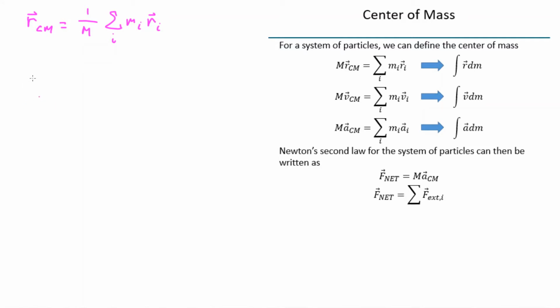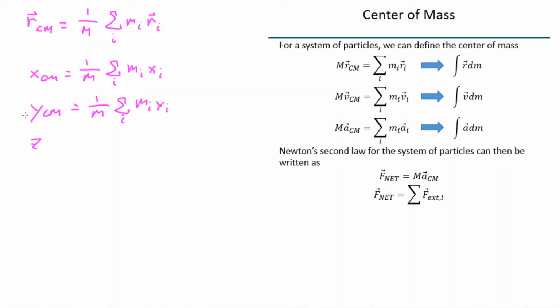Okay, so what this really is, is a position in all three coordinate directions. I have an x center of mass, which is the same formula I showed you before, 1 over M sum over i of m_i x_i. I have a y center of mass, it's 1 over M sum over i of m_i y_i.